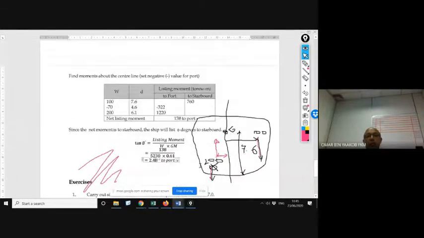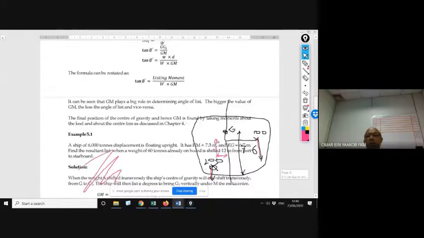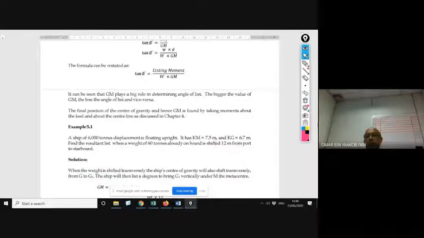We just need to use this formula to calculate the listing angle of the ship after movement of weight on board. That's the first, 5.1. Okay, 5.1 is after moving weight on board.